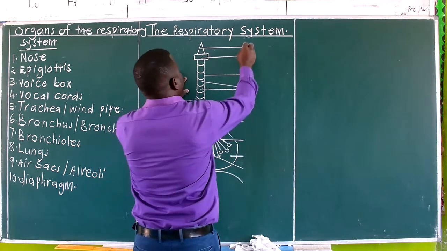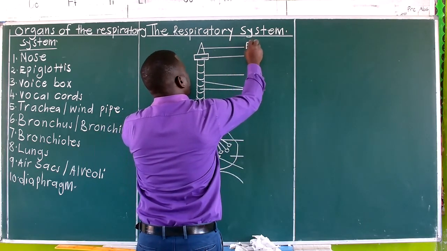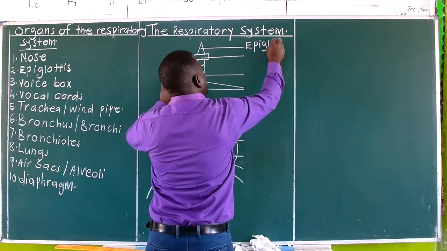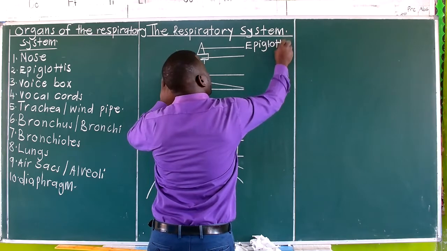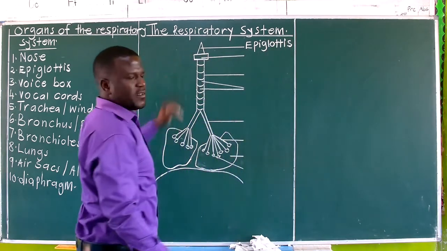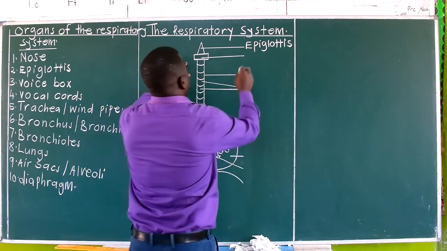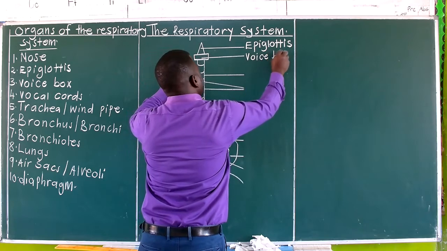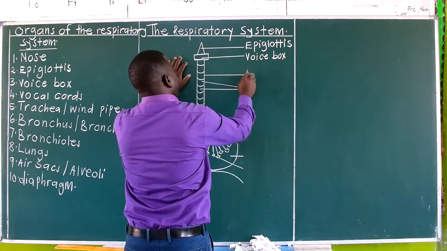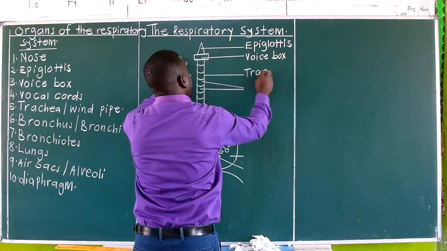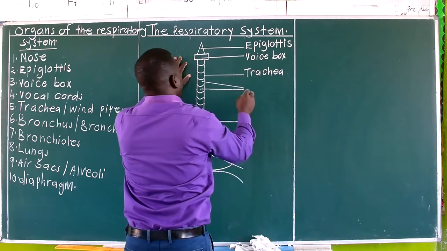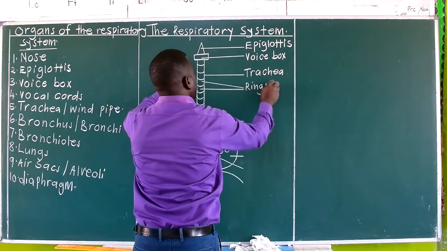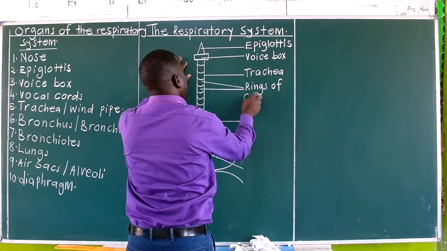Then this one is called voice box. This one is called trachea or windpipe. This one is called rings of cartilage.